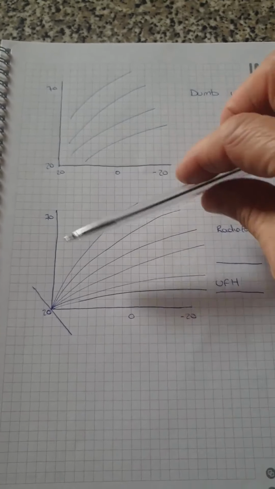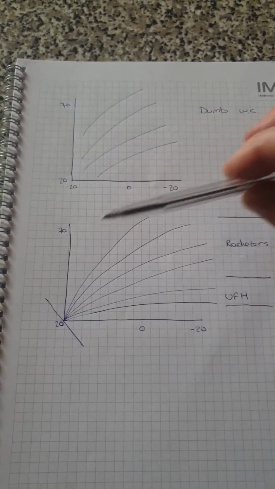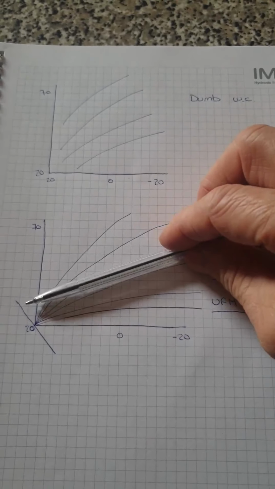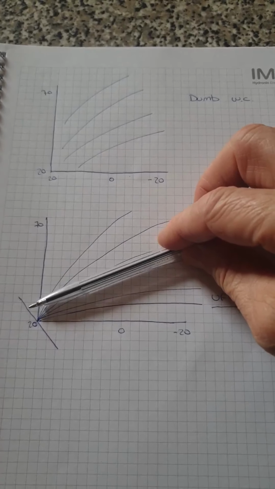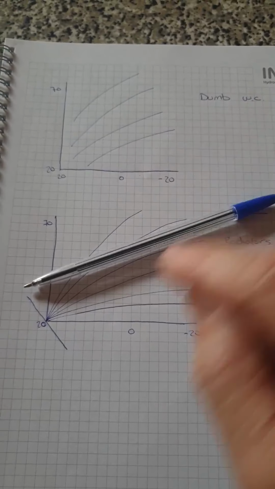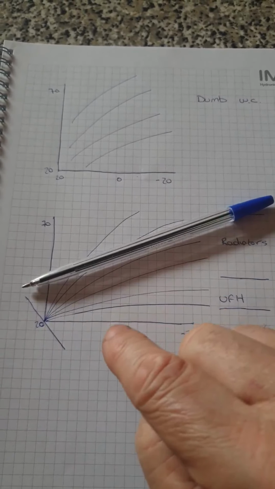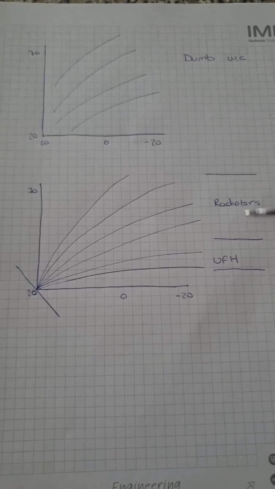So this one can be adjusted this way, and then the whole curve can be adjusted this way. So a little example for you here. That curve we've got there, if I go and turn the room temperature, it simply moves it up like that. So it's exactly the same curve, but it's running at a raised temperature throughout the whole length of that curve.